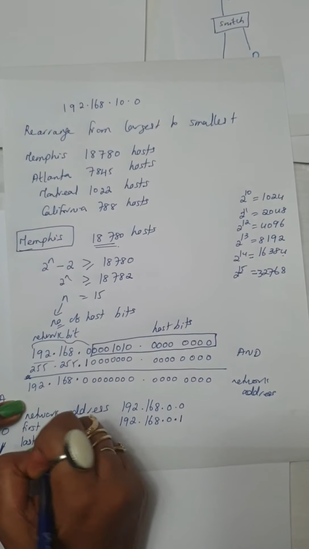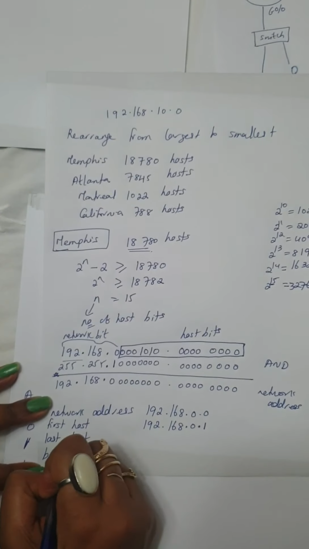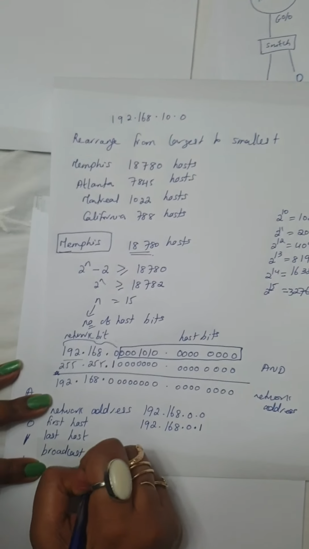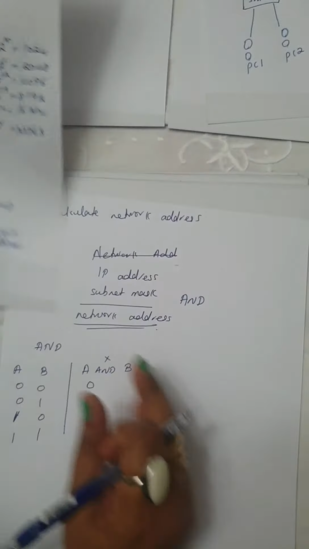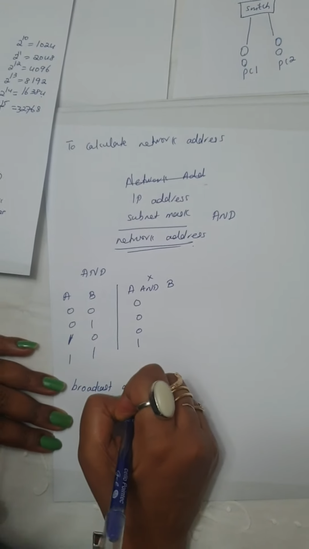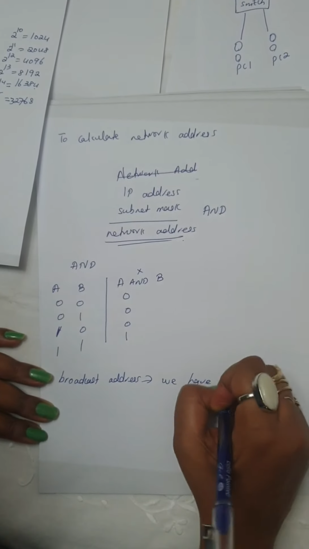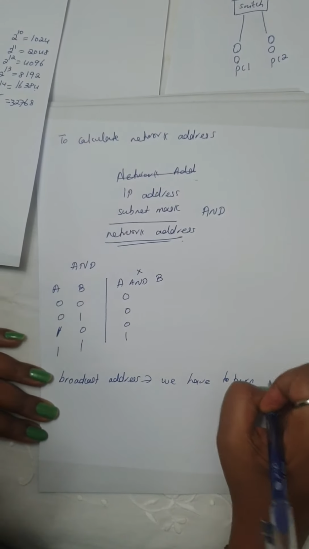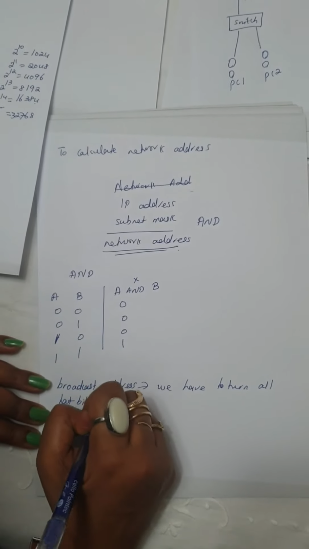Next, we have the last host. Before we can calculate the last host, we have to know the broadcast address. Something that you need to know is that for the broadcast address, we have to turn all host bits to 1.